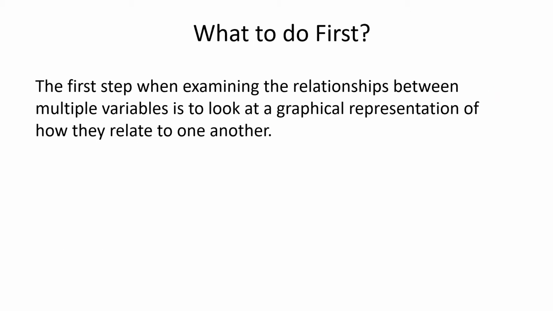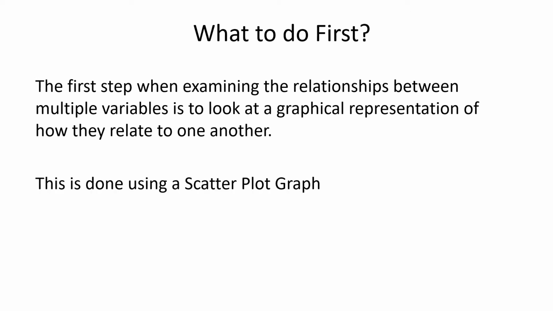So what do we do first? Just like a lot of things we've talked about in here, what we do first is we graph it. By putting it in graphical form, we can get a good first idea of what is going on. When we're dealing with correlation, the first thing we can do is draw a scatter plot. Correlation is essentially looking at how two variables relate to each other.